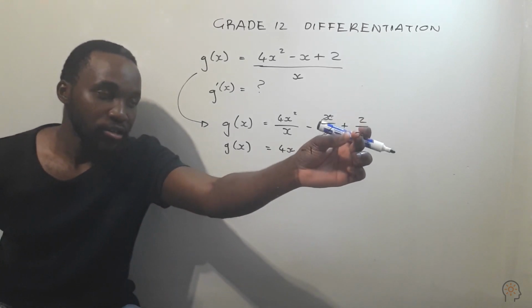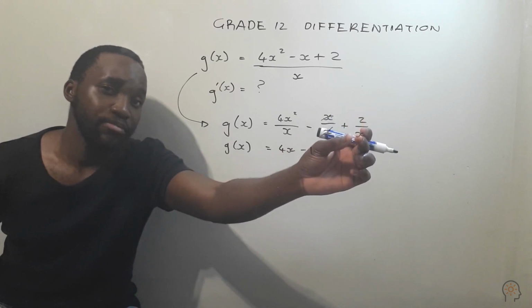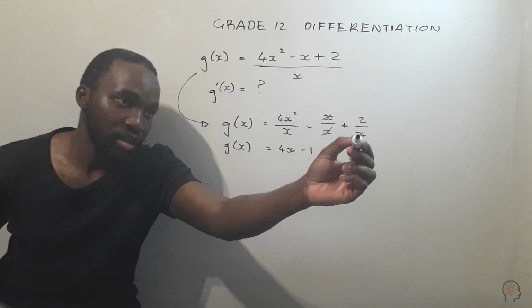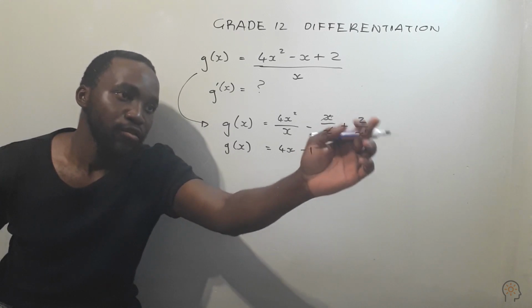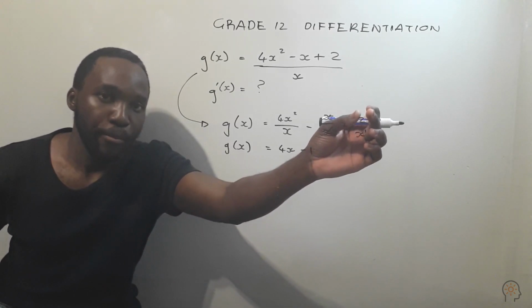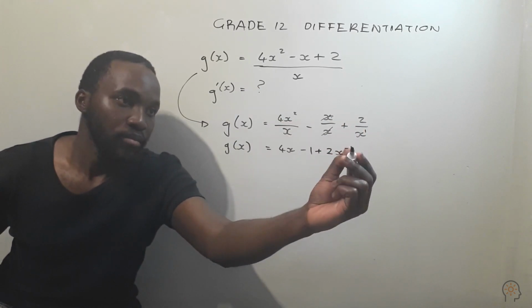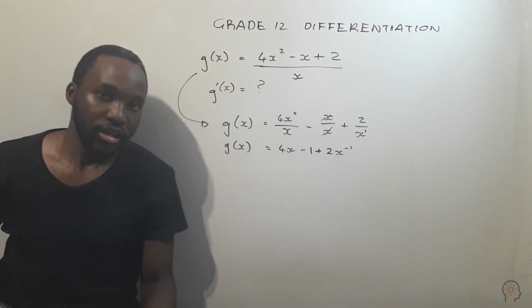So in this case, before we differentiate this, the only way we can simplify this is by, we said this x here, we know that it has an exponent of positive 1, right? So putting this in a format that we can differentiate, the x has to be taken up and its exponent has to be a negative. So there we will end up with 2x to the power of negative 1.